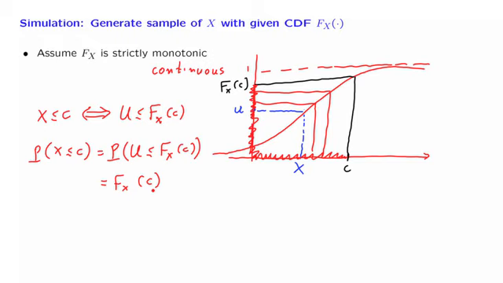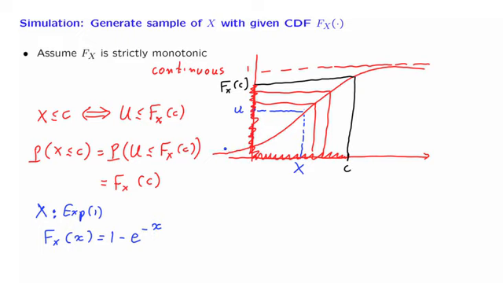Let us look at an example now. Suppose that we want to generate samples of a random variable which is an exponential random variable with parameter 1. In this case, we know what the CDF is. The CDF of an exponential with parameter 1 is given by this formula for non-negative x's.